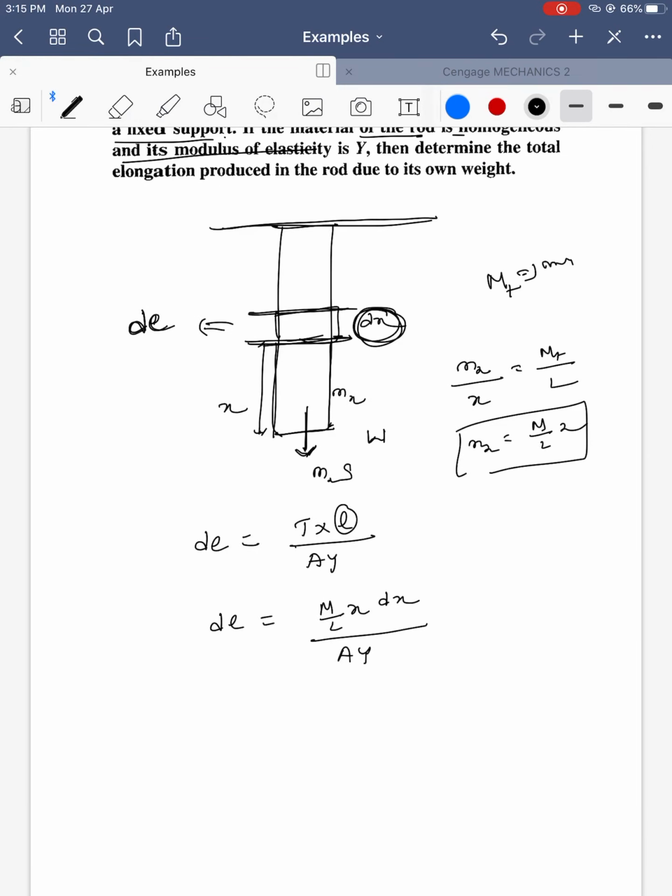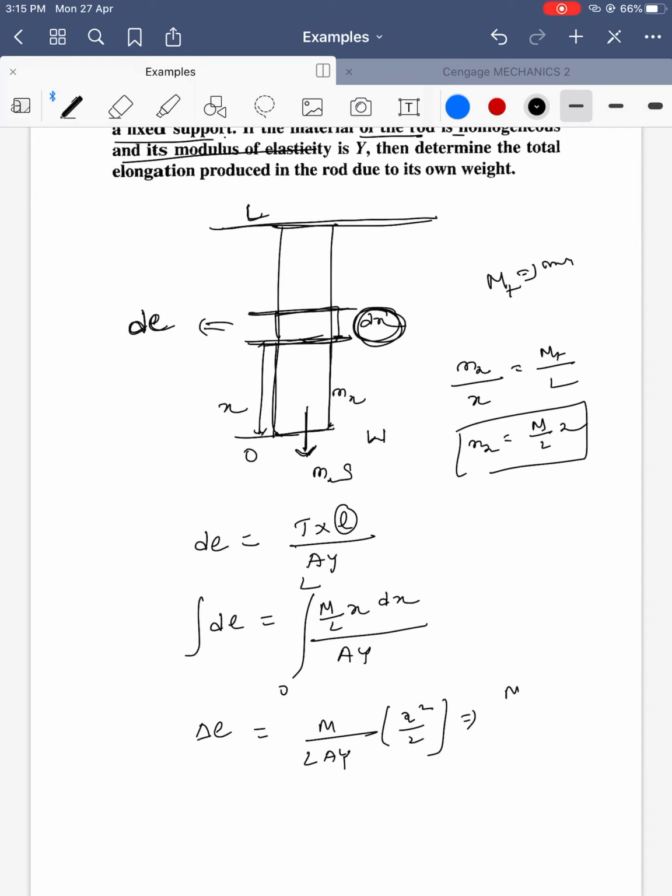Okay, dE is equal to; integrating on both sides, the elongation delta E, x is starting from 0 up to the length L. So the limits are 0 to L, (M g/L A Y) integral of x dx, which gives x squared by 2.